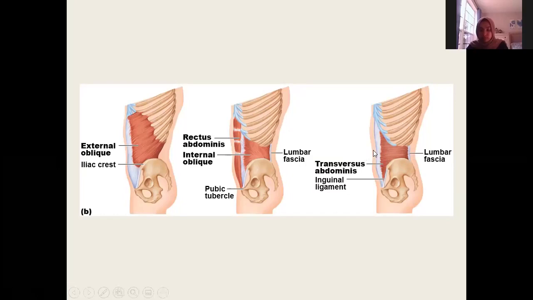Once again, I know I've already said it twice, but straight across, oblique in one direction, opposite oblique in the other direction, and then straight up and down. The whole reason the body did this in 3 different levels of different directions of tissue is to make it harder to shear or tear and harder to get through as well.